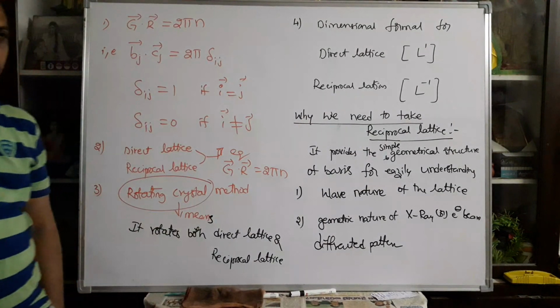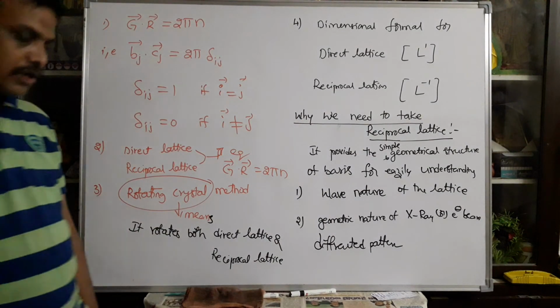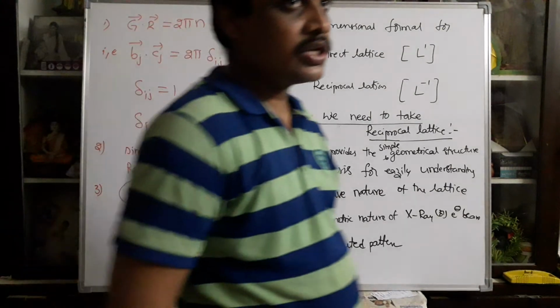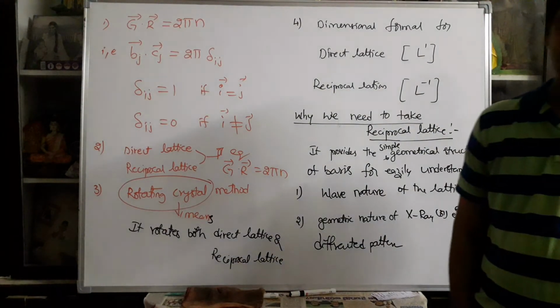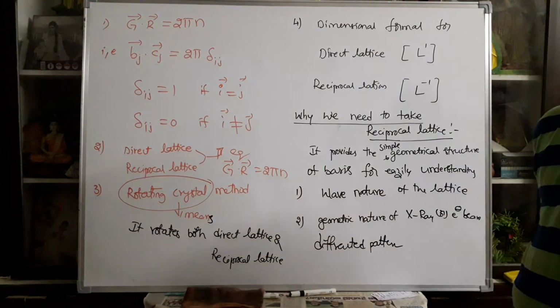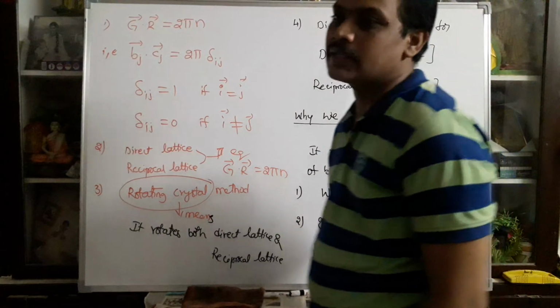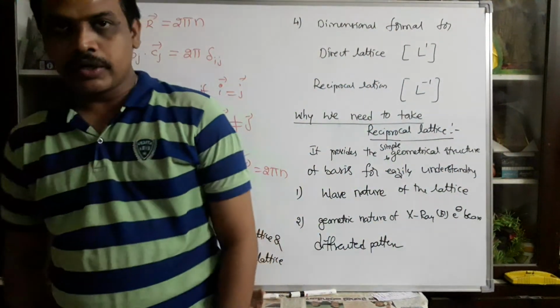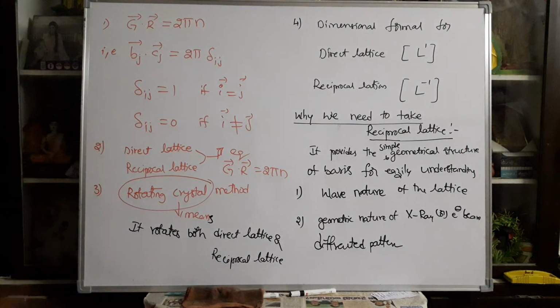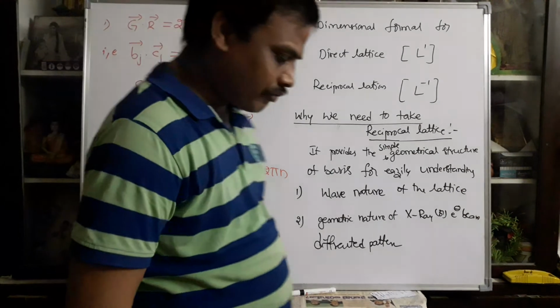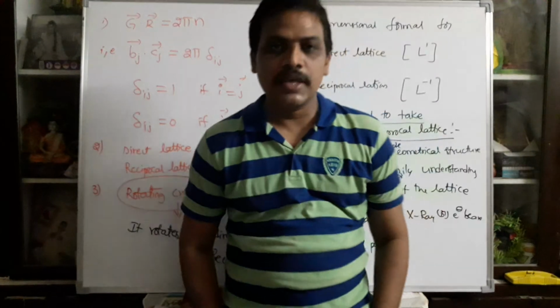The reciprocal lattice is mainly introduced because Miller indices fail to explain the geometrical structure of the crystal and crystal planes. From that point of view, we introduce the reciprocal lattice. The reciprocal lattice clearly gives the information about the lattices.